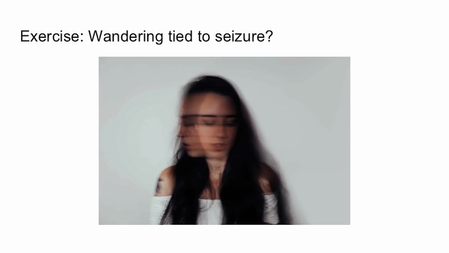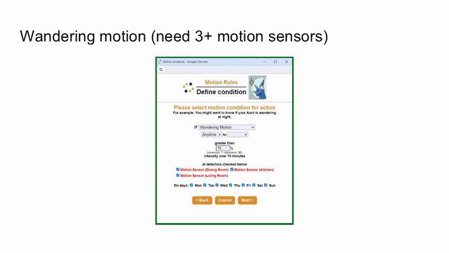This one might be more straightforward. It's that very rare situation which you may encounter where a seizure is tied to wandering activity or walking around the house. So I'll just pause briefly here. I think you might already have the answer based on the name of the exercise. So this is the particular situation where you might want to set up a wandering motion rule.